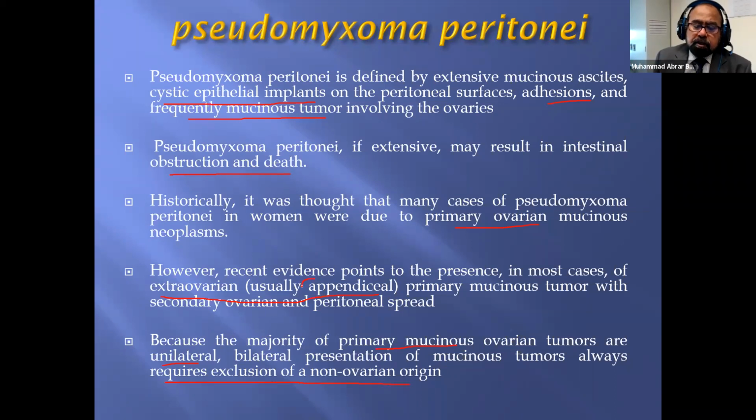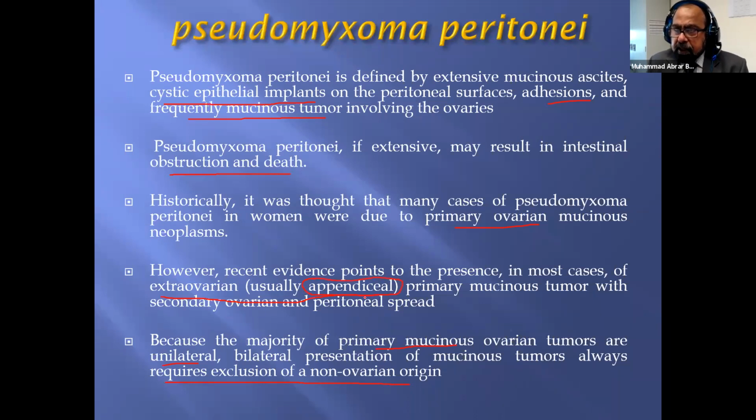I think two or three times in my clinical life, when I saw bilateral mucinous cystadenocarcinoma, I went back to the surgeon and asked him to please do some ultrasound and look at the appendix, or open up again and see whether the appendix is fine or not.